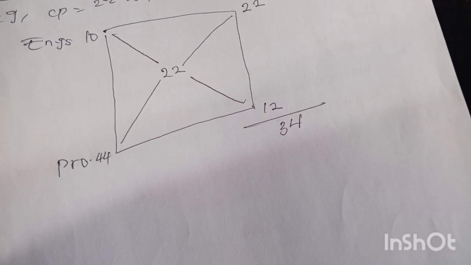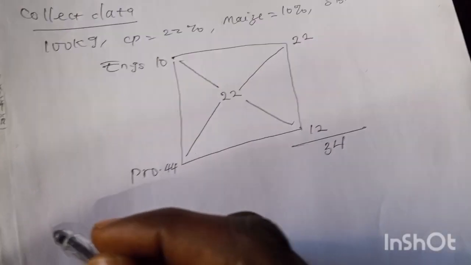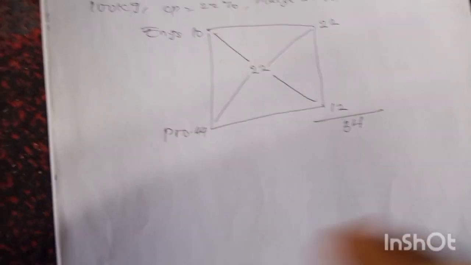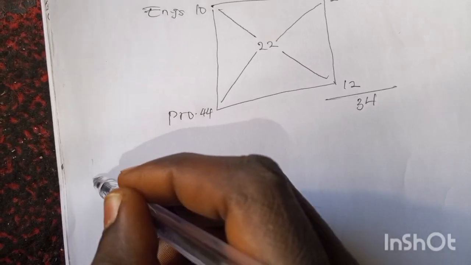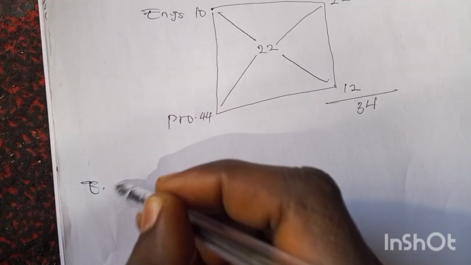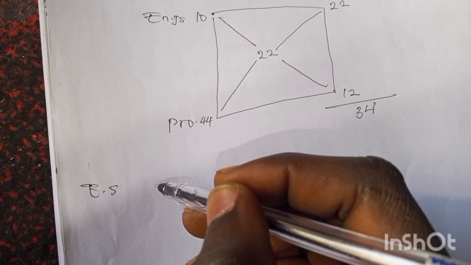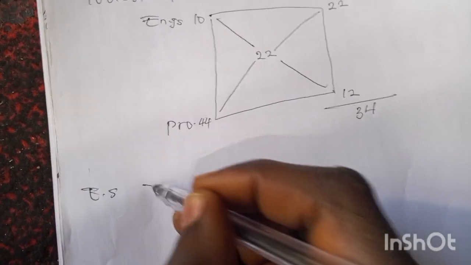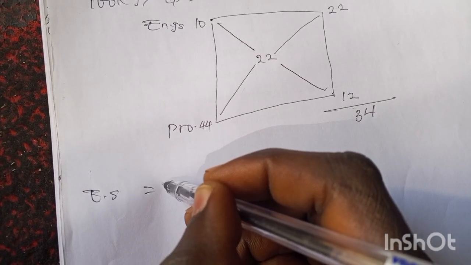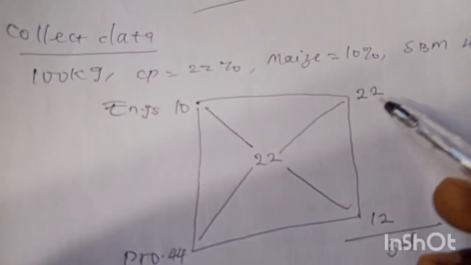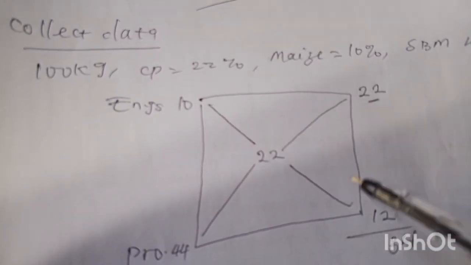So the next thing now is to calculate for the energy source. This I want us to get it right. If there's any question, please you like to ask. Energy source: remember our energy source here is 22.